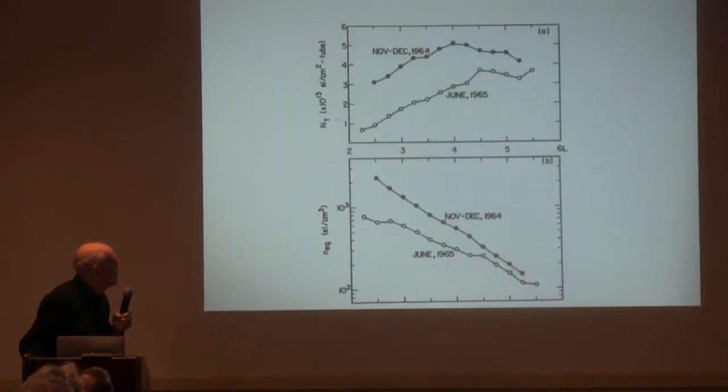And then he did some really astonishing work on so-called annual variation, which are differences in electron density that occur from December to June in the meridian of the eastern US.